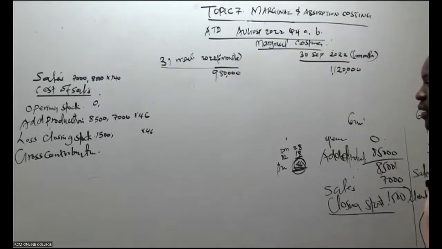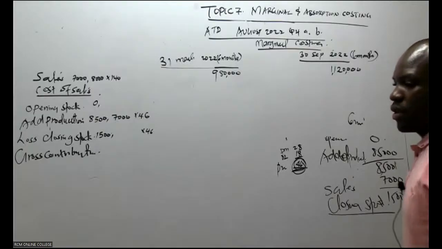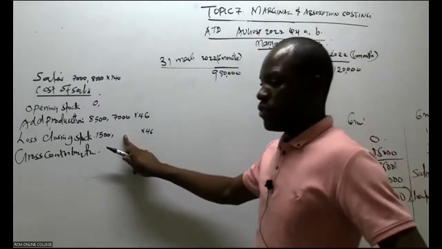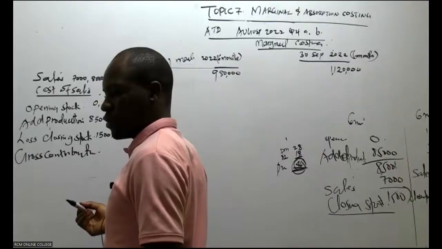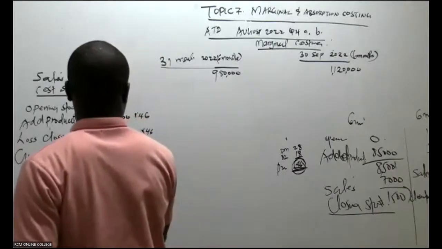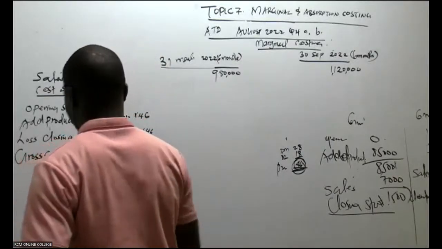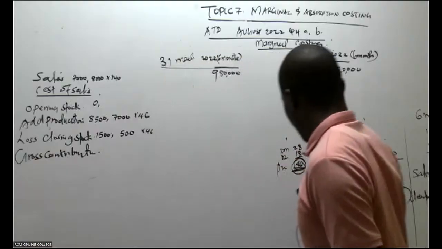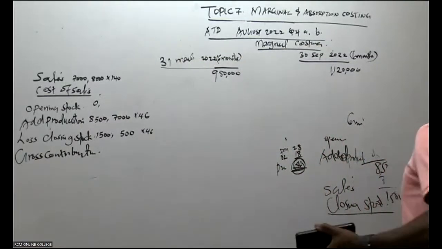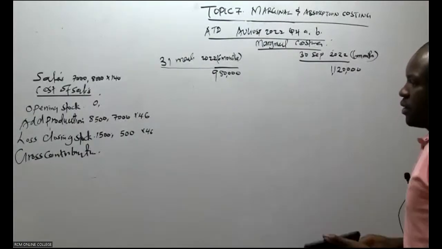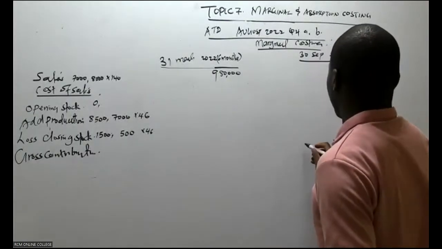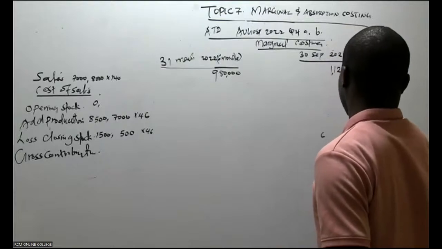Give me the figure here, my closing stock in units. Opening, the first 6 months, the last 6.